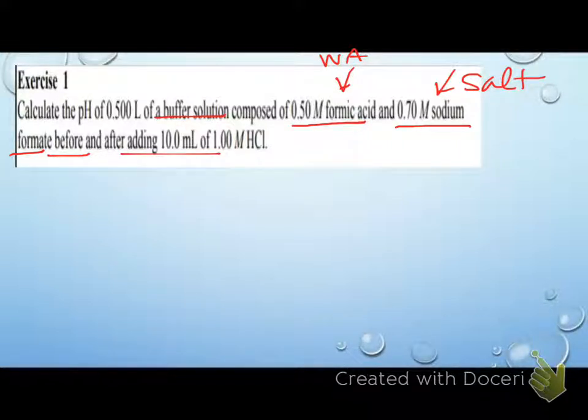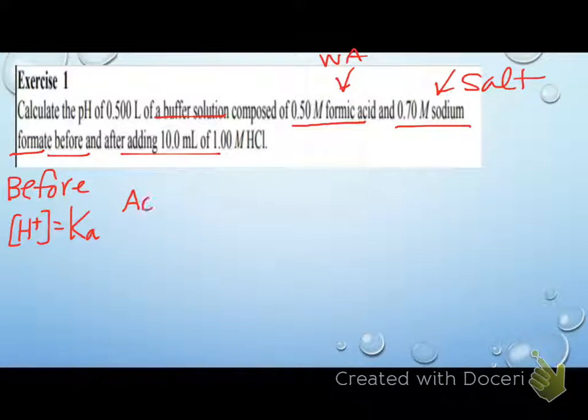Before, we're simply going to do our nice little equation I gave you. Hydrogen concentration is equal to the Ka times the concentration of the acid over the base. If we know that this is our acid, what does our salt have to act as? They gave us Ka.